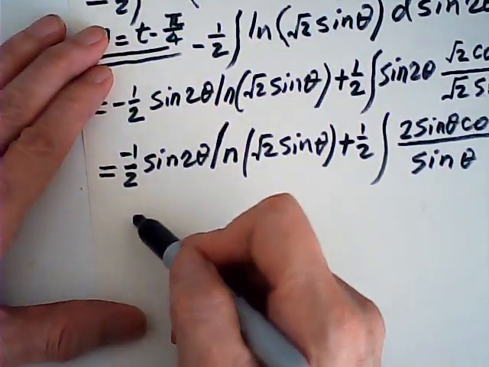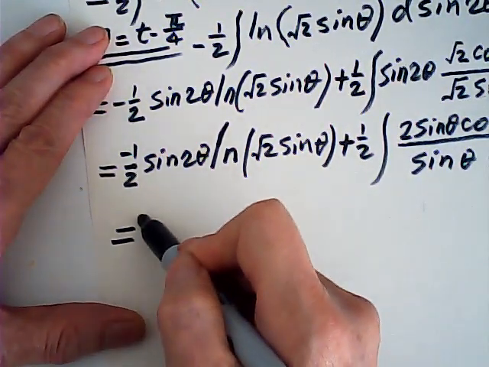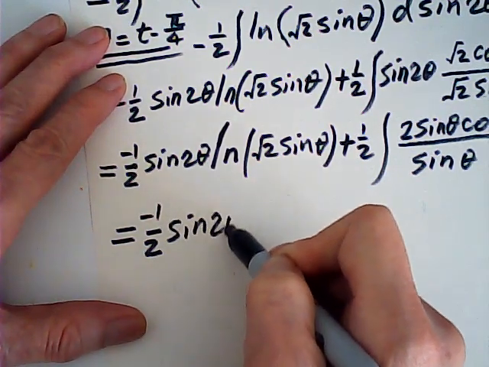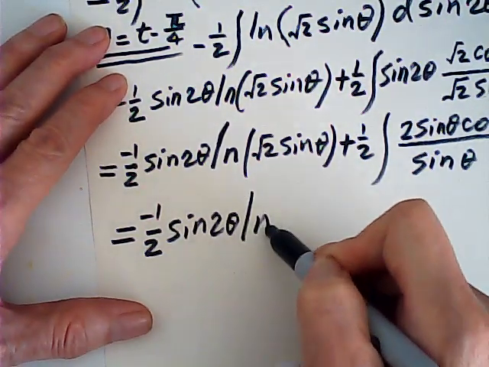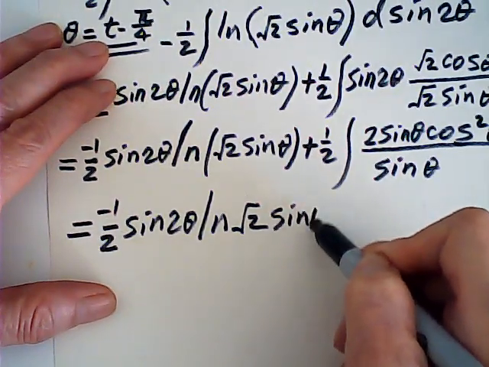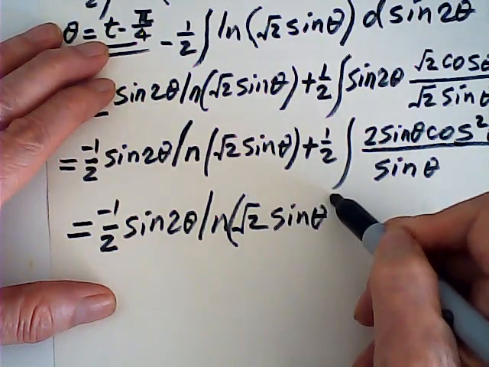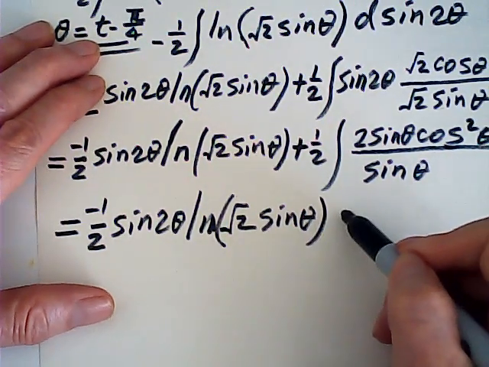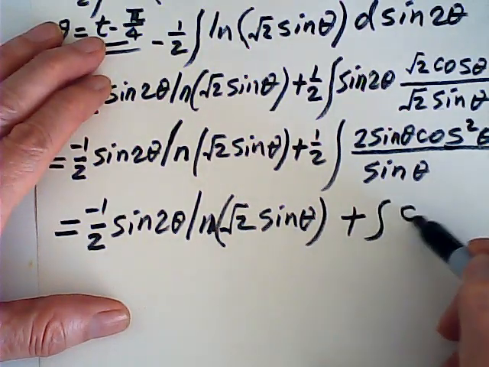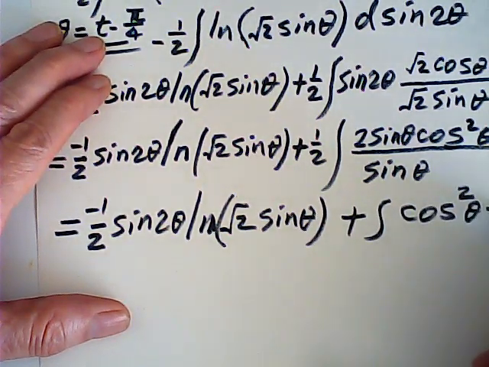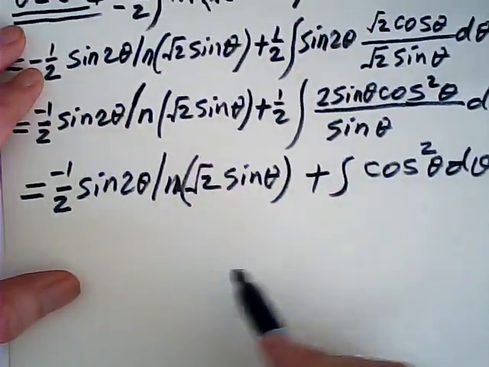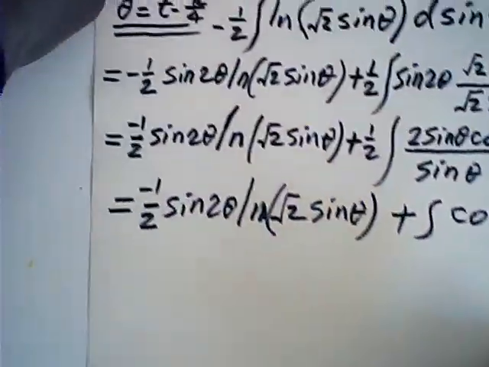Finally, we get a much easier, much better integral. 1/2 sine 2 theta natural log root 2 sine theta. 2 cancel out, plus cosine square theta d theta. Yeah, finally we see the light in the tunnel.